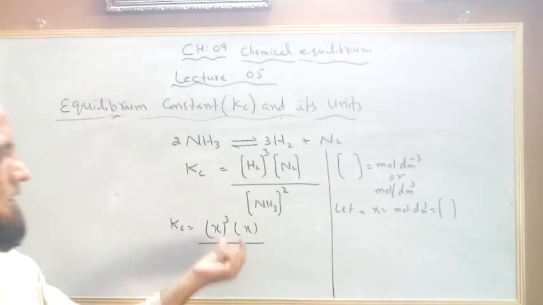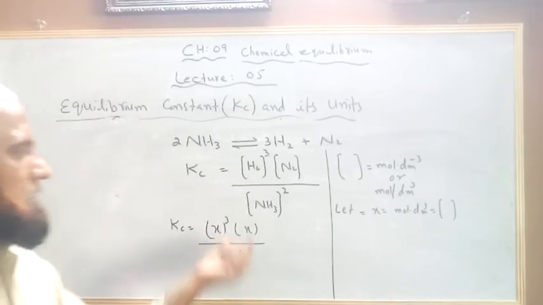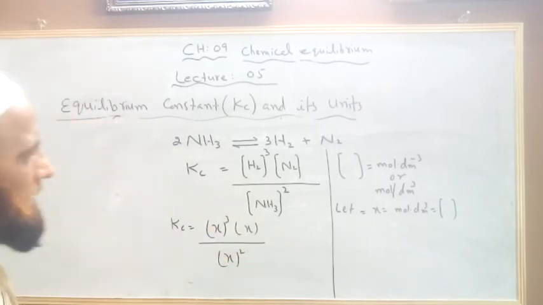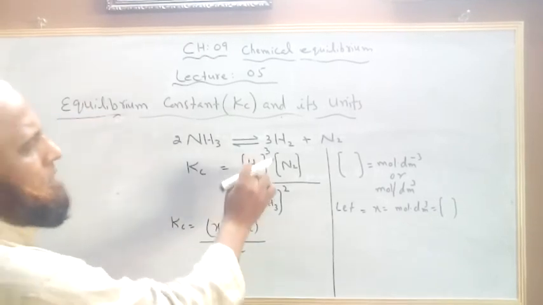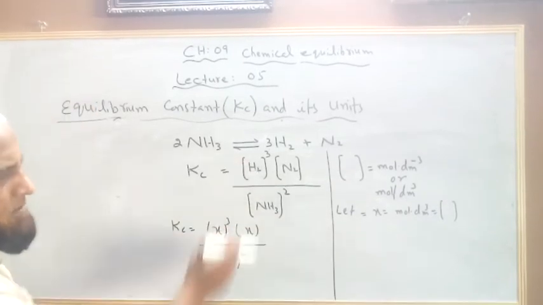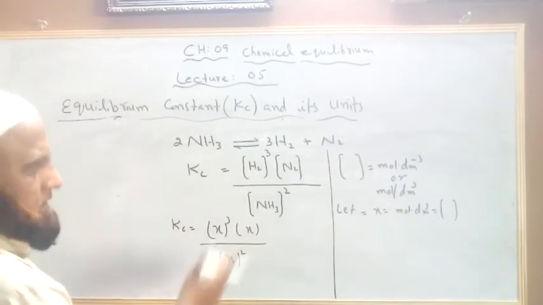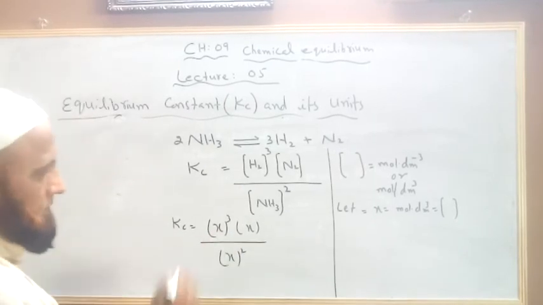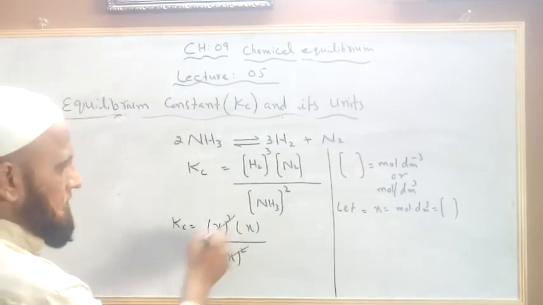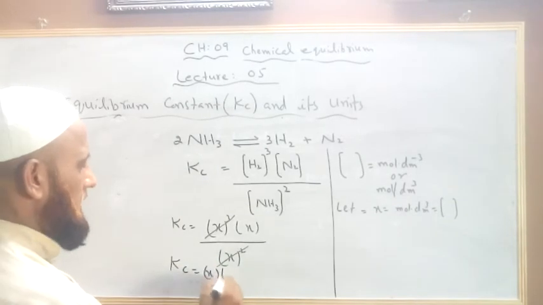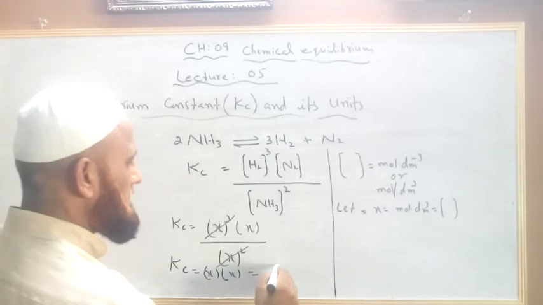If you use this x, it would provide you the ease to calculate. Otherwise you can also use mole per dm cube. I would also solve by that method, but it's up to you. I would suggest that it is a rather easier method. So the square would cancel, and you would have Kc is equal to x square.